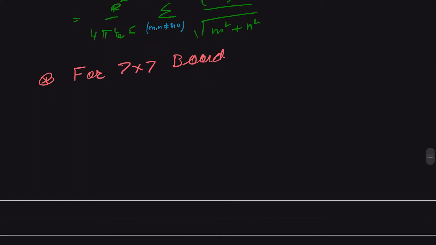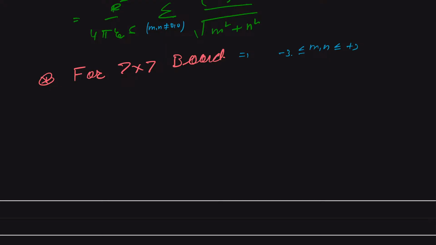We know that the values of m, n are obviously going to lie between plus 3 and minus 3.